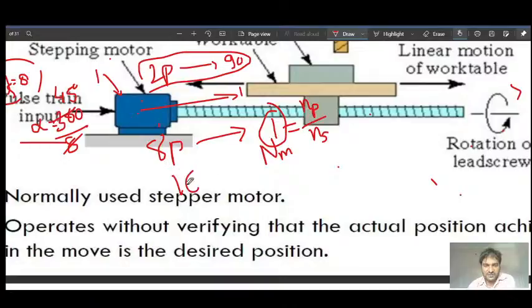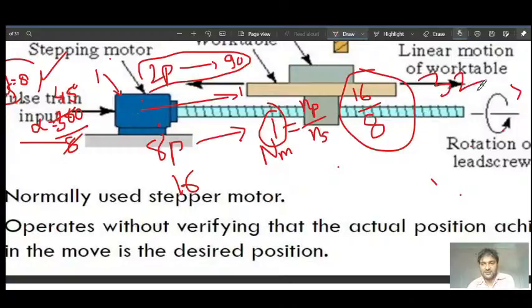If 16 pulses and the step angle count is fixed at 8, so 16 pulses divided by 8, what is the rotation Nm? 2 rotations. If 32 pulses, 32 by 8, how much? 4 rotations.